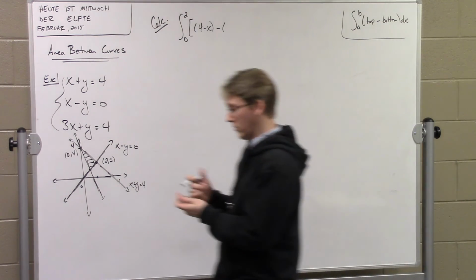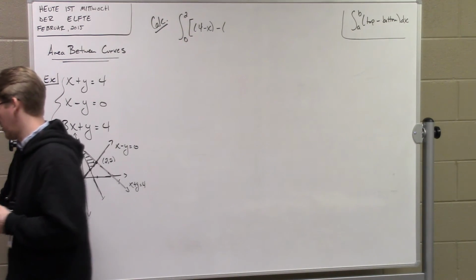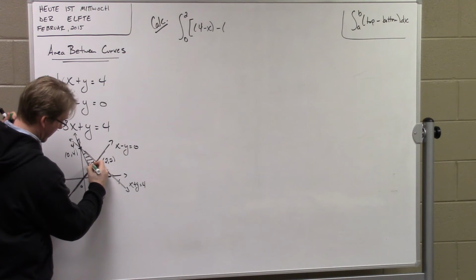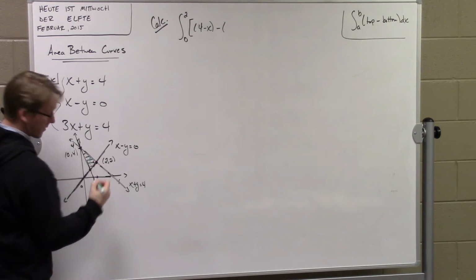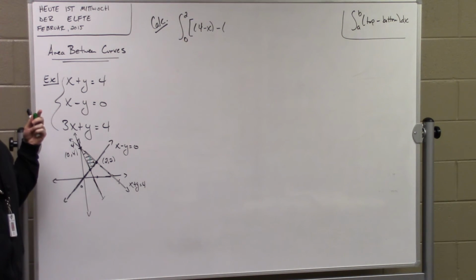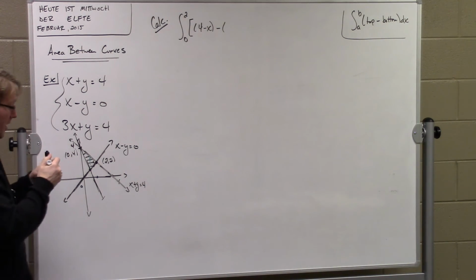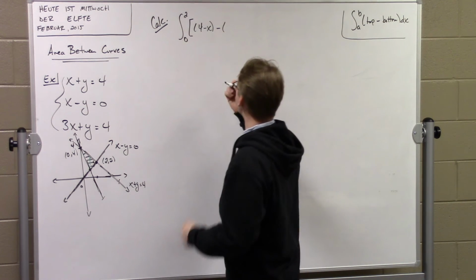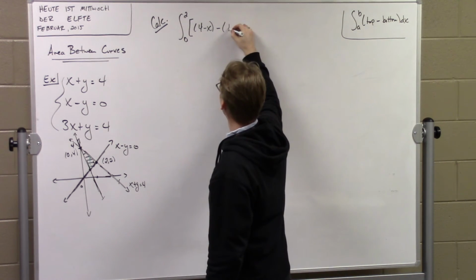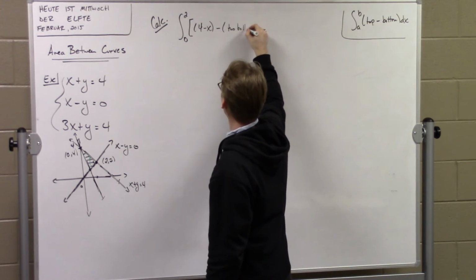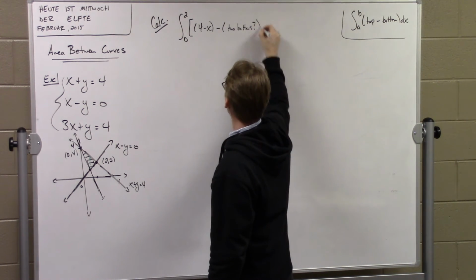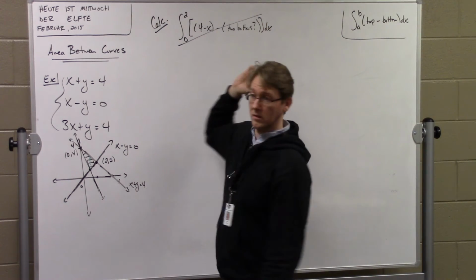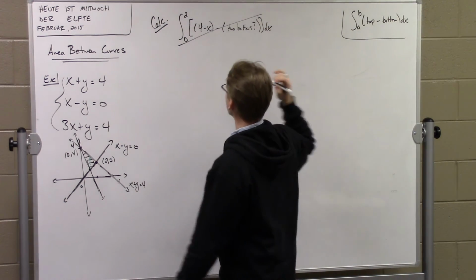We have to cut this into two pieces, one for the one top and bottom, one for the other top and bottom. So this problem is not going to be from 0 to 2. It's going to be something else. Nice try. Got two bottoms, I can't do that.